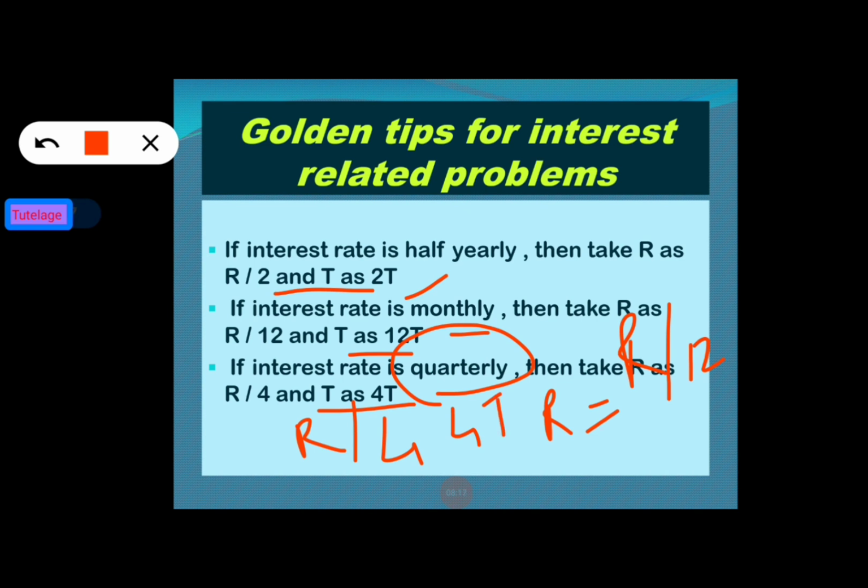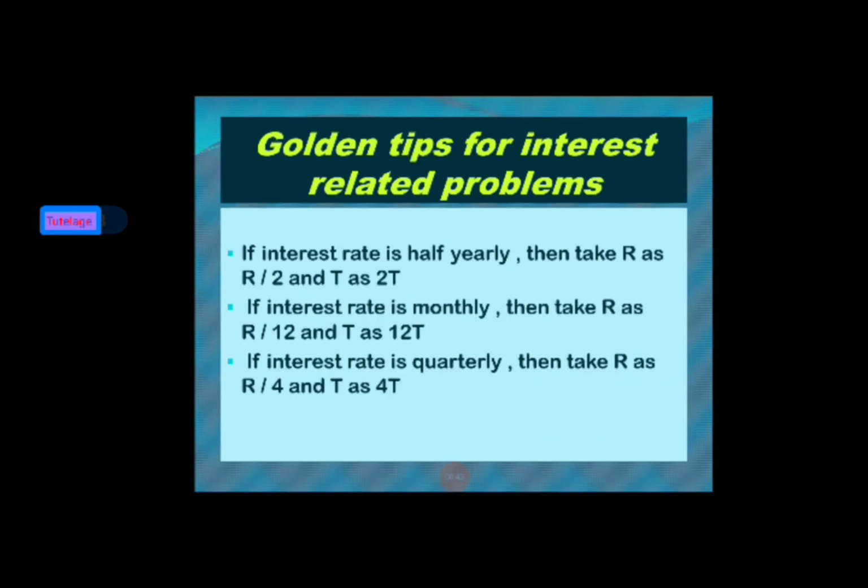So when you have different types of interest rate, that is half yearly, monthly and quarterly, just change the formula of compound interest. I think this will be clearer when we use it in the problems. I think all things are clear to everyone.